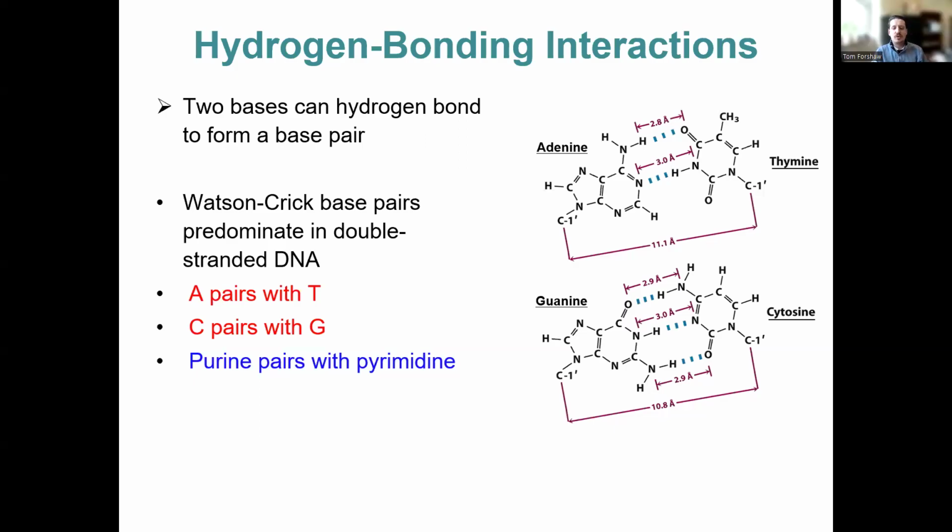So now I'd like to talk to you about what happens when you have these monomers and they join together to form polymers, when the nucleotides join together to form nucleic acids.